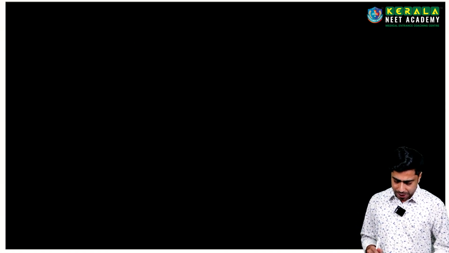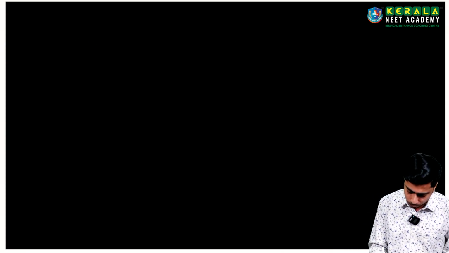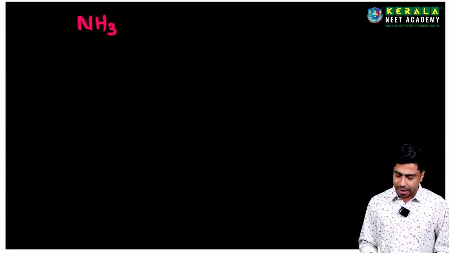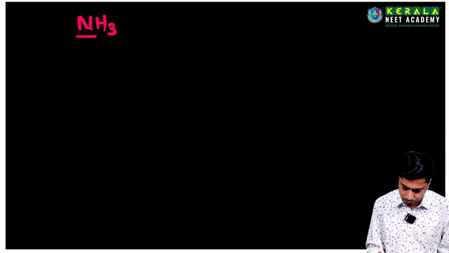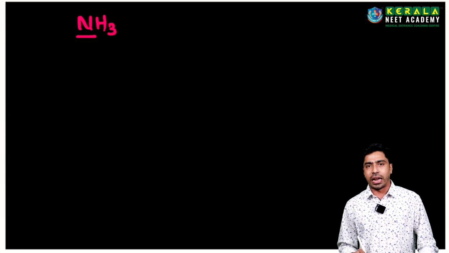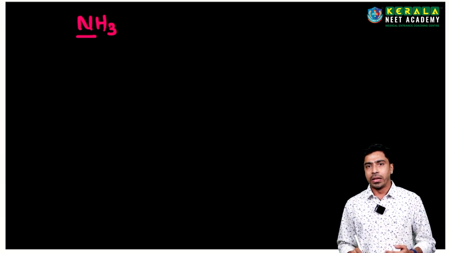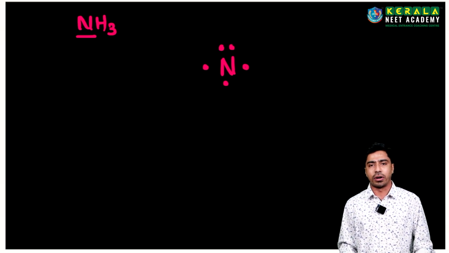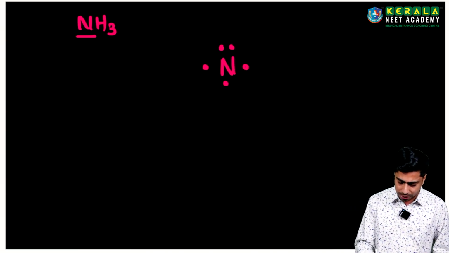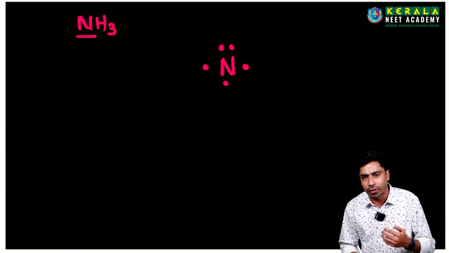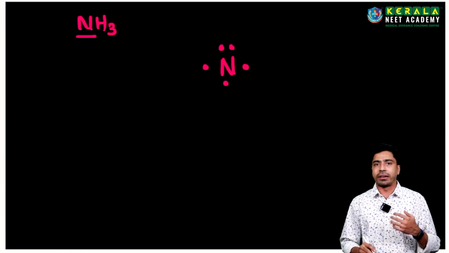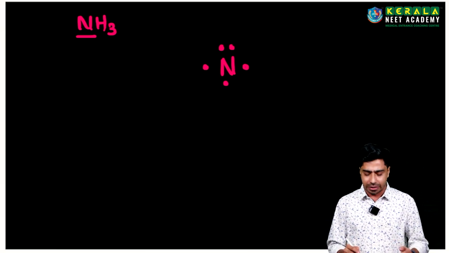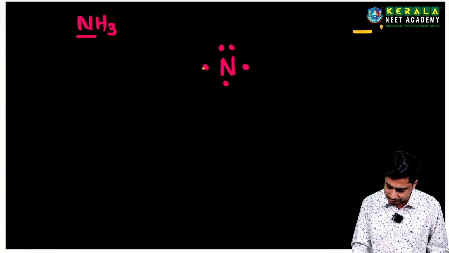Now let us go for the NH3 molecule, ammonia. In NH3, the central atom is nitrogen, and it comes from group 15. So the nitrogen atom will carry 5 valence electrons. Now the hydrogen atoms have to make bonds with the central nitrogen, and hydrogen will always make a single bond.